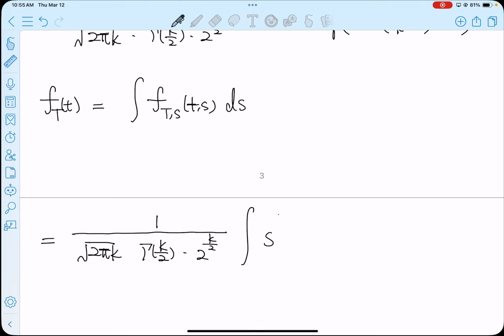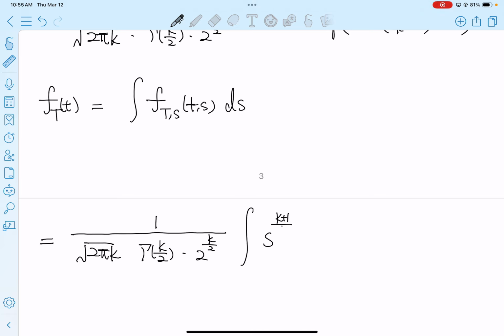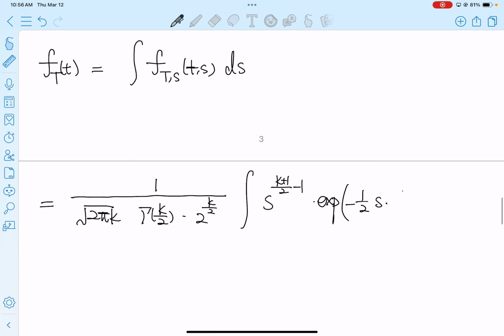So here we have s to the power of k plus 1 over 2 minus a 1 multiplied by the exponential of negative 1/2 s multiplied by t squared over k plus 1, ds.